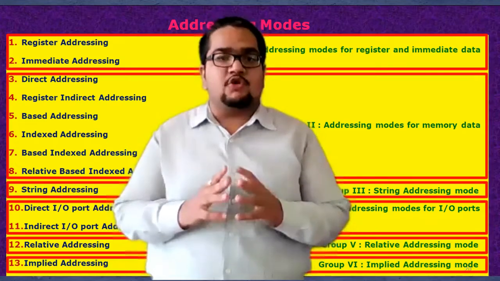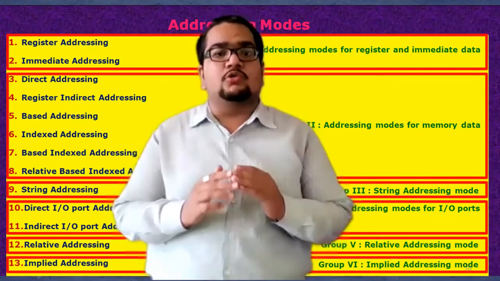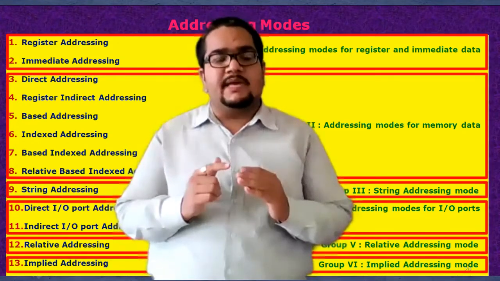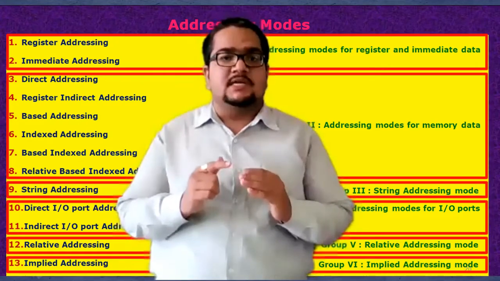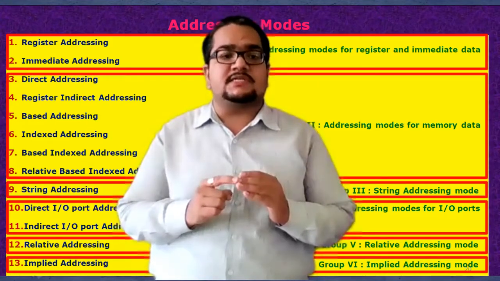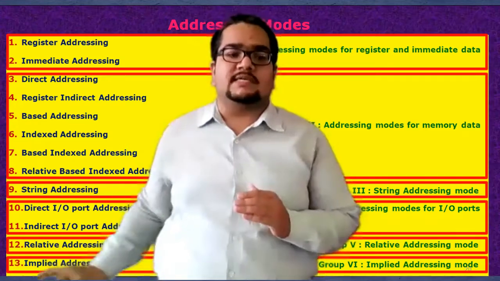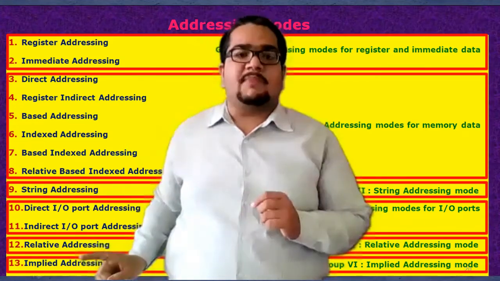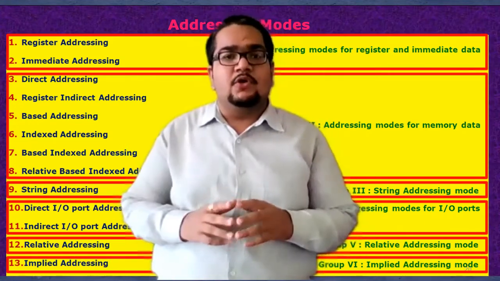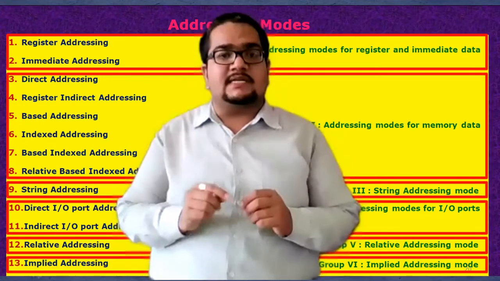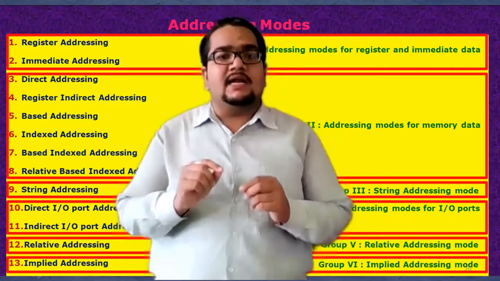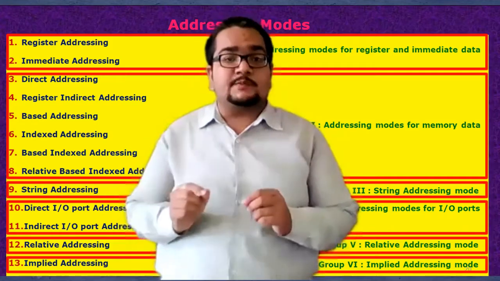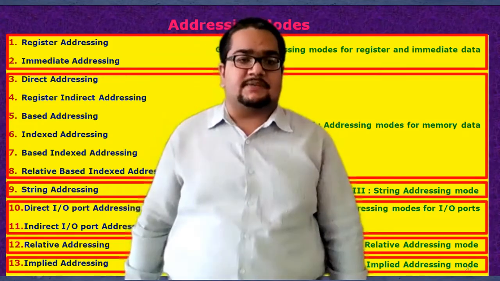Whenever you are making a decision about what to do next, you will make use of conditional jump instructions. So the conditional jump instructions make use of this relative addressing. We have seen one example under that, jump if 0. If that zero flag is set, that instruction will execute and it will jump to the location displacement indicated in that jump instruction.